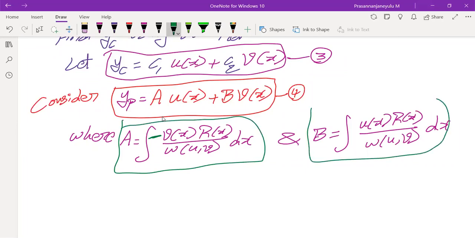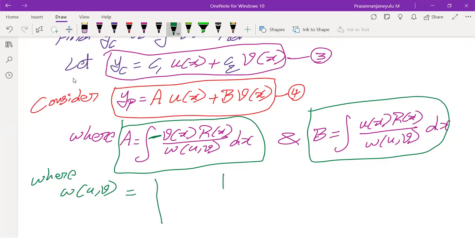What is W of U comma V? It is called the Wronskian, and it is a very simple formula. We have to take the determinant of a 2 by 2 matrix. The first row elements are the same as U and V. The second row elements will be the derivatives of U and V, that is U dash and V dash.